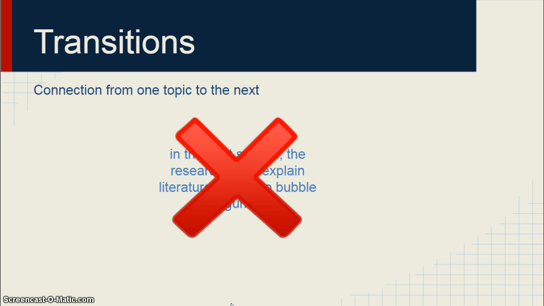So let's think about transitions. We need to move from one topic to the next, but we don't want to do it abruptly. We don't want to just drop off talking about one topic and move on to the next bucket. We want to make sure that we are making connections. And if you've noticed, I've been repeating this concept of making connections through all these videos.